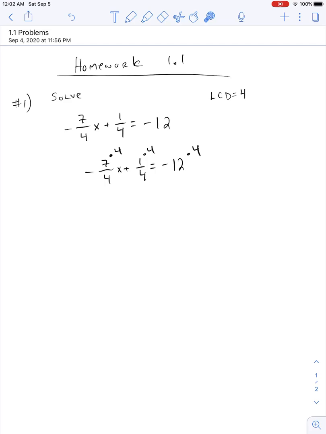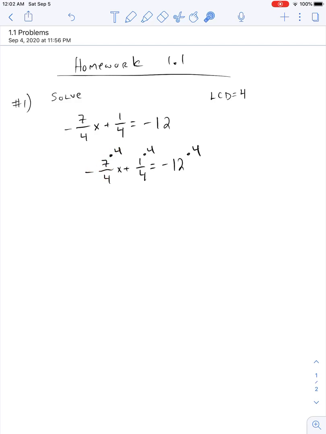Okay, and now what you're doing here is you're really simplifying this out. So you can do negative 7 times 4. Right, you multiply that. This fraction means division. So first you do negative 7 times 4. Multiply that, you get negative 28.